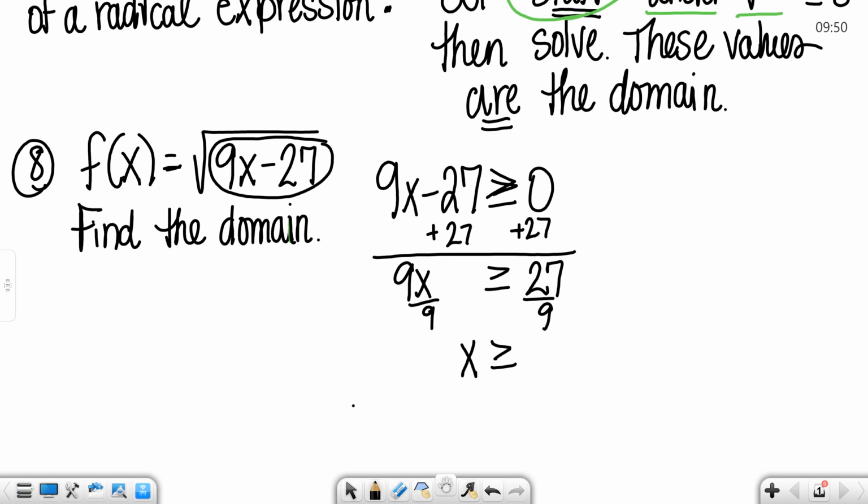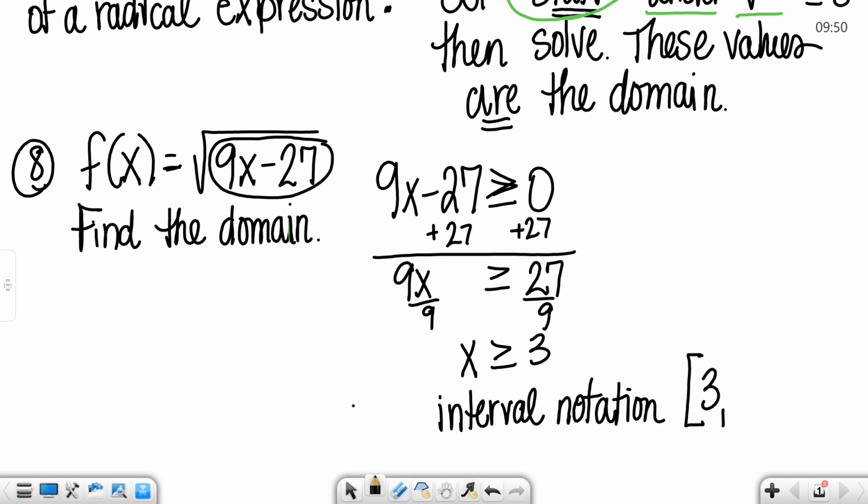Now what we're going to do is write it in interval notation. We've done that earlier in the semester. Interval notation of x is greater than or equal to 3 would be: it starts at 3 and goes to everything greater. Remember, parentheses means not equal to, and the bracket means it is equal to.